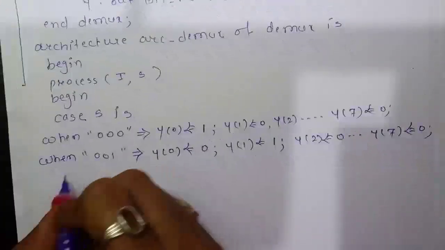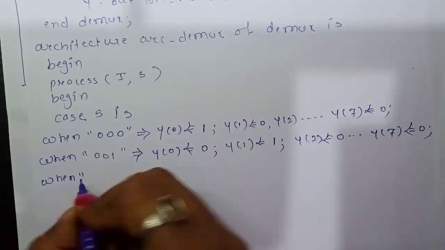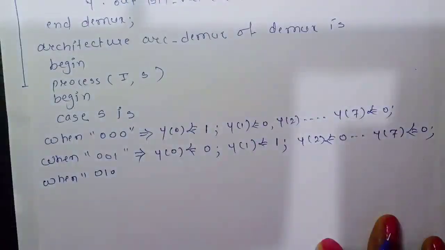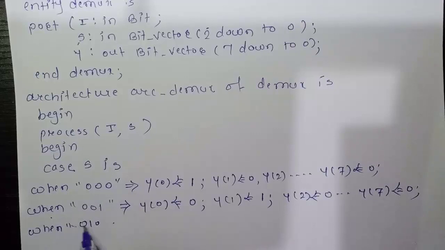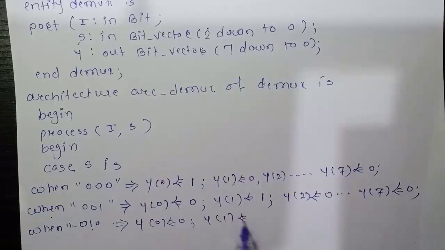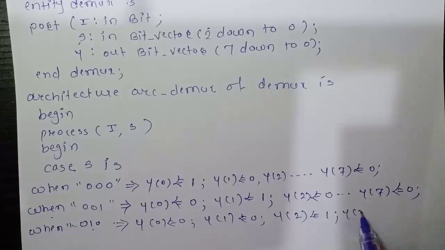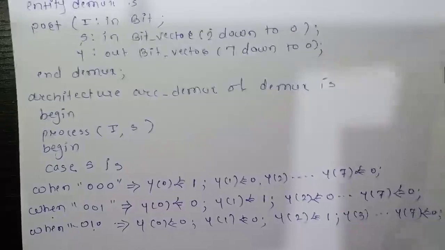So when the selection line is 0 1 0, Y0 is 0, Y1 is 0, and now Y2 will be 1. After that, from Y3 to Y7 all are assigned 0.